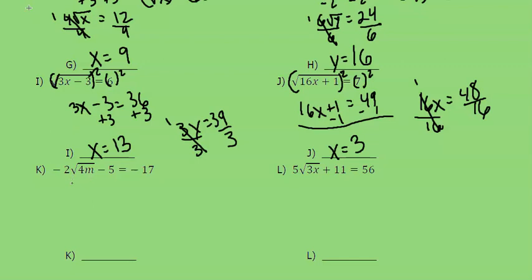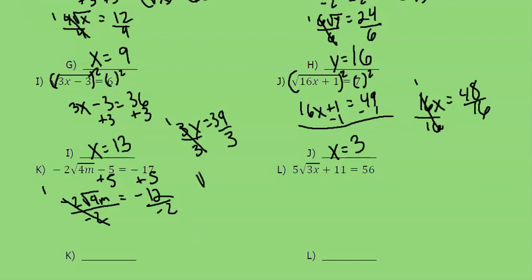K. Negative 2 times the square root of 4m minus 5 equals negative 17. To isolate this square root, first we add 5 to each side. Then we have negative 2 square root 4m equals negative 12. To isolate the square root further, we're going to divide each side by negative 2.